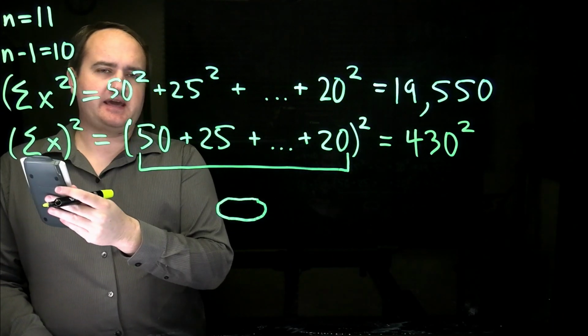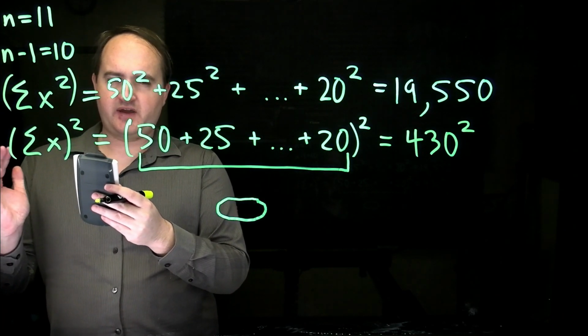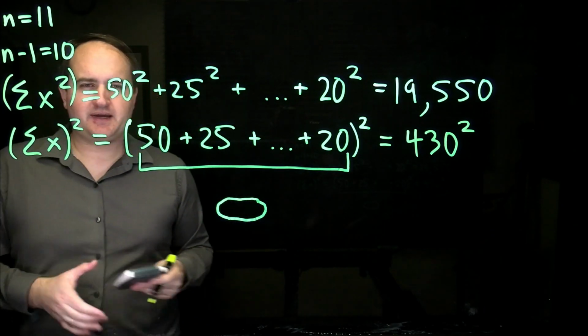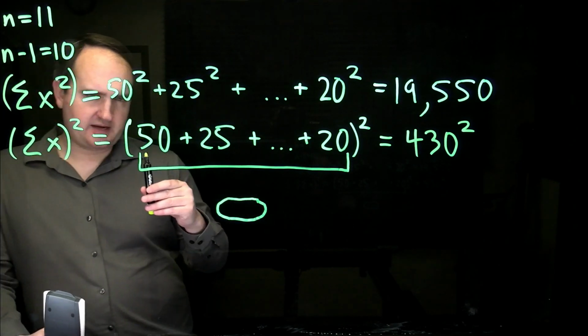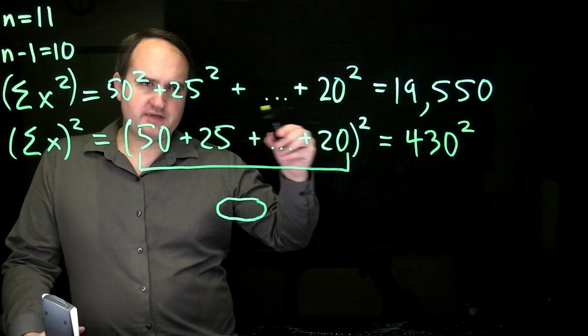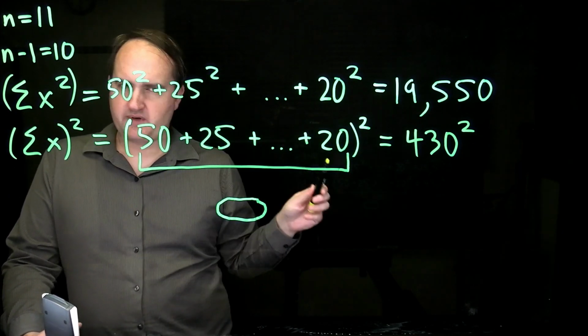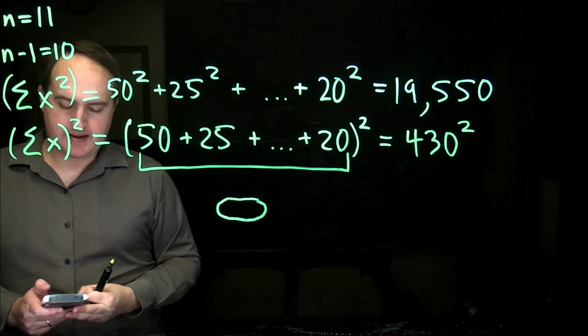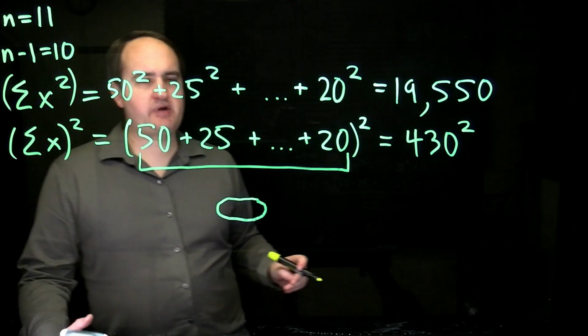And this is if you want to calculate parentheses sum of x parentheses squared in 2 steps. But like I said, on most calculators, you should actually be able to calculate this whole thing all at once by just typing it in. But anyway, 430 squared gives us a rather large number.